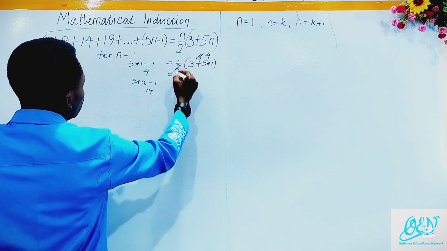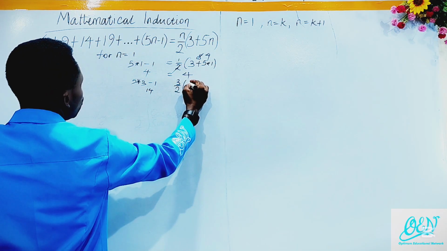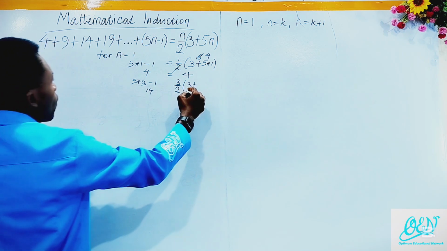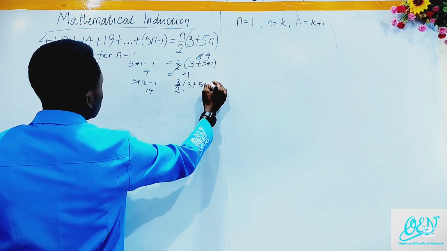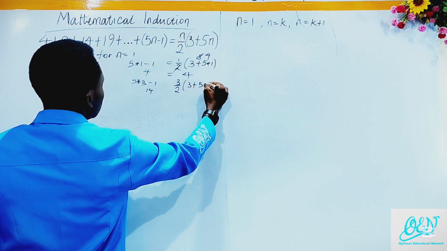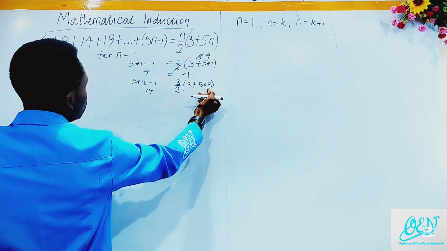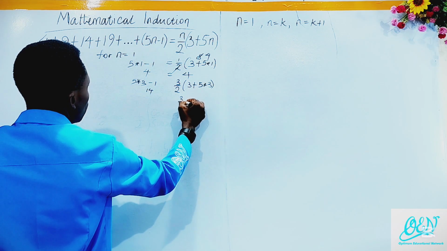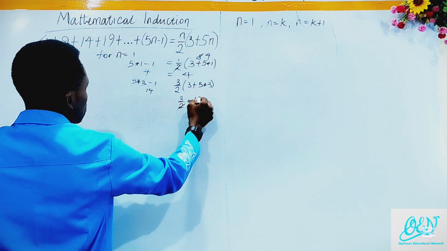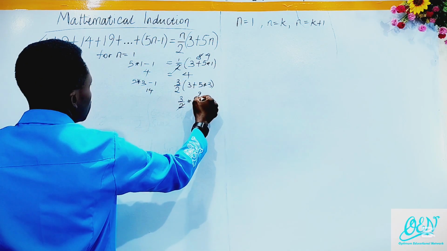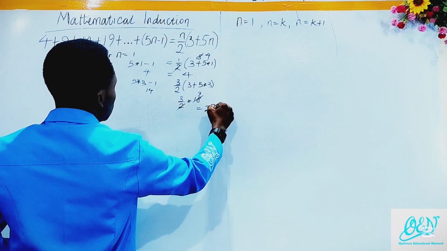Now, let's try it. We put n is equal to 3 here. You have 3 over 2 into 3 plus 5 times 3. Now, 5 times 3 is 15. 15 plus 3 is 18. So I have 3 over 2 times 18. 18 divided by 2 is 9. 3 times 9 is 27.